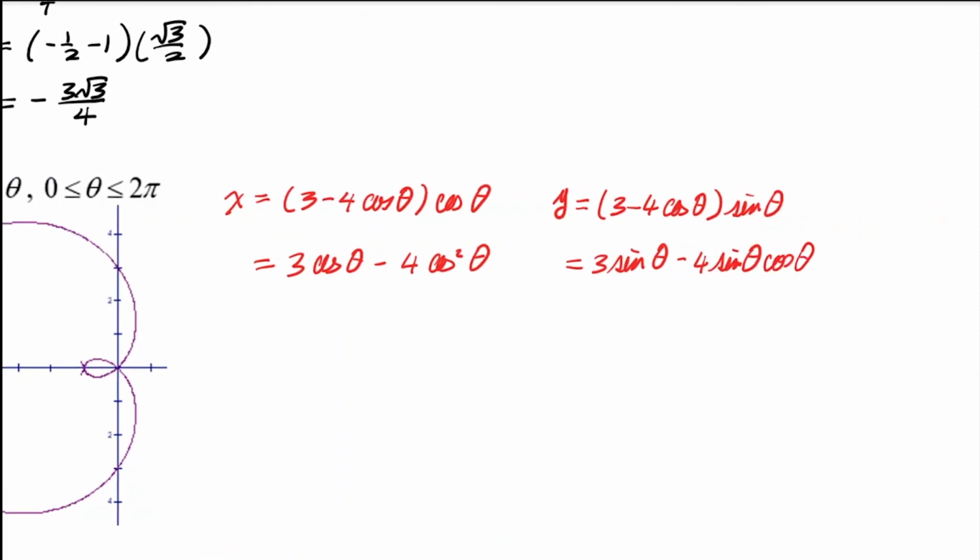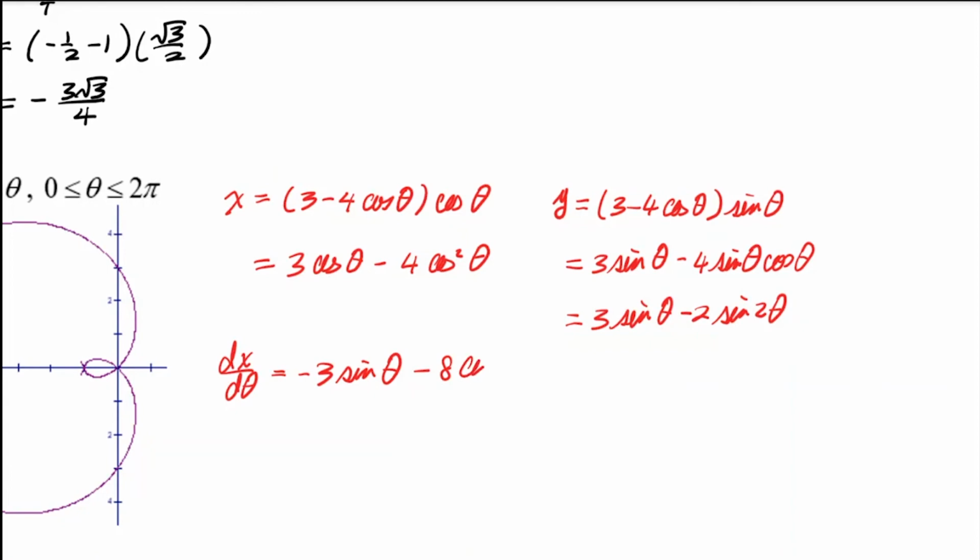Knowing I'm going to differentiate this, and I hate product rules, let me convert this into this. Good. You with me? Let's take a derivative of both. So dx over d theta will be negative 3 sine theta, and this will be 8, right?